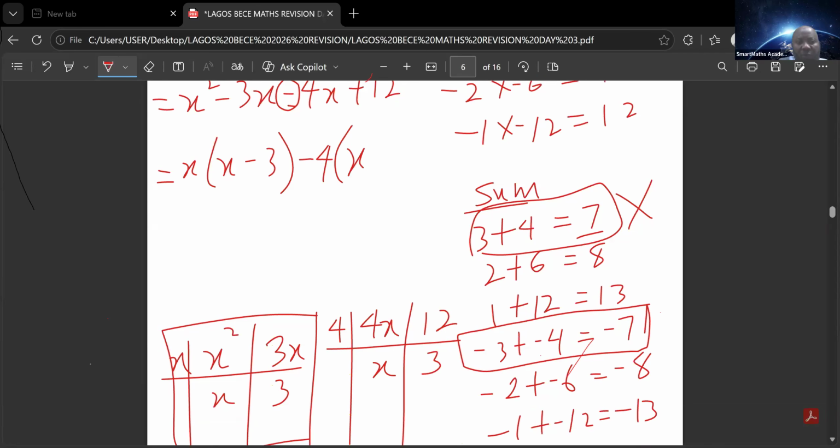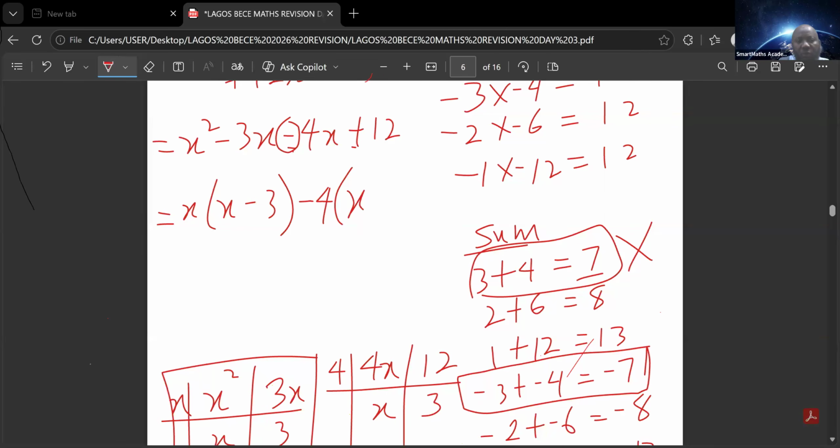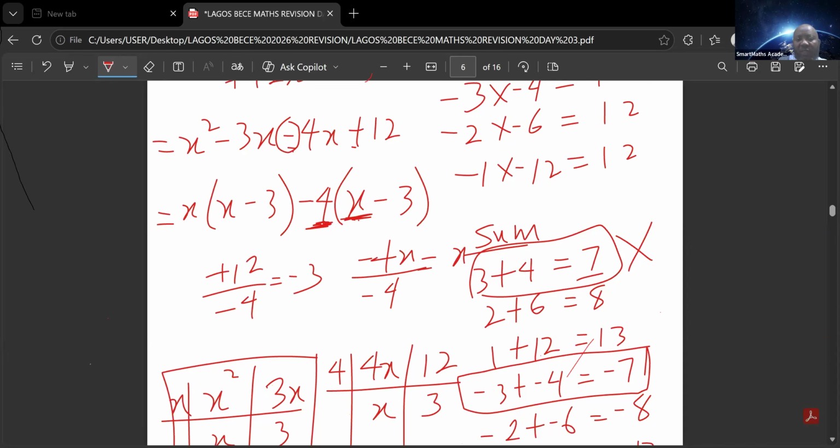Because of this minus, the plus here will change to minus, then 3. Why? I will tell you the reason. We are dividing: minus 4x divided by minus 4 gives us x. That is why this one is just ordinary x. Then plus 12 divided by the common factor, minus 4, will give us minus 3. That is why we have minus 3 here.